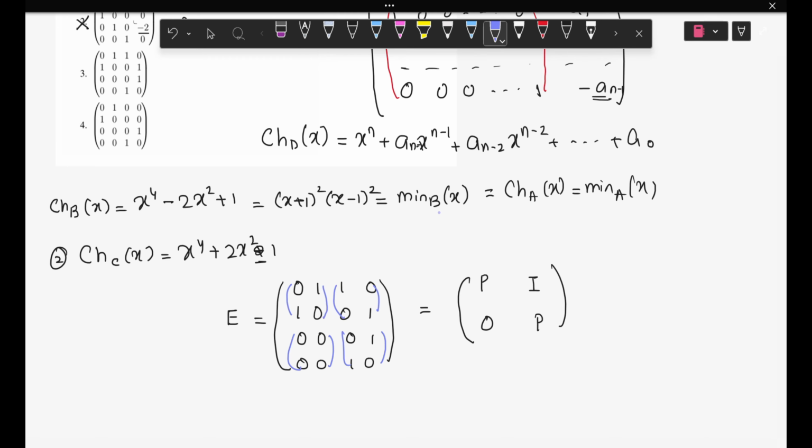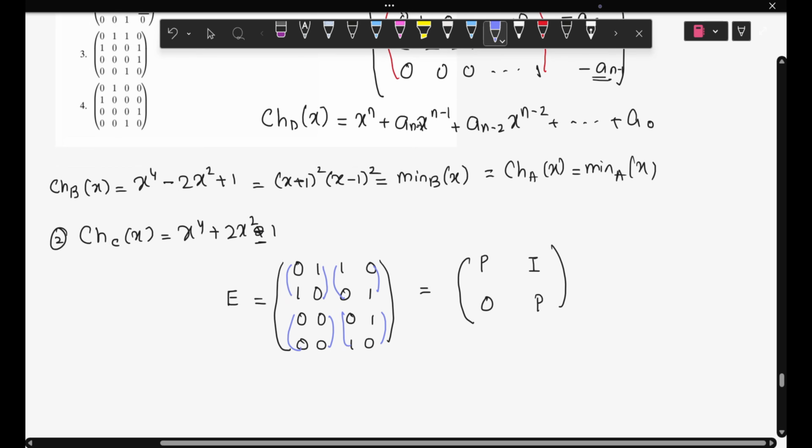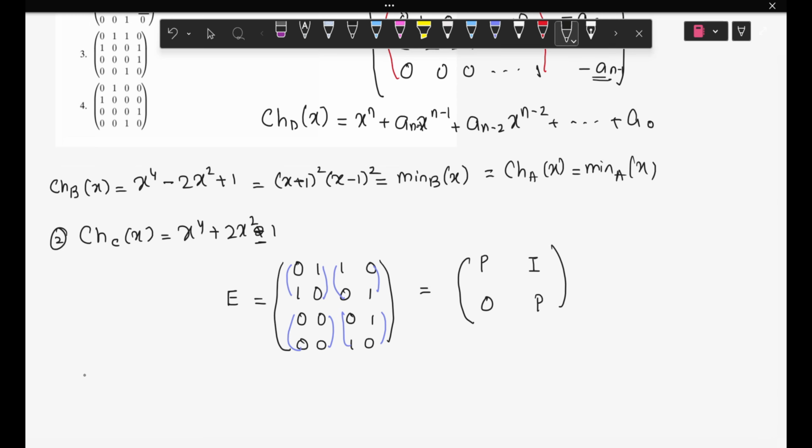So that gives you P is equal to [0, 1; 1, 0]. Now let me calculate the characteristic polynomial of P. The characteristic polynomial of P is the determinant of [-x, 1; 1, -x], that gives you x square minus 1. Okay.